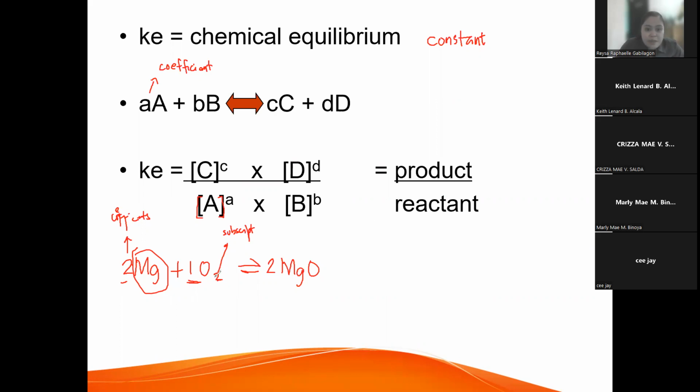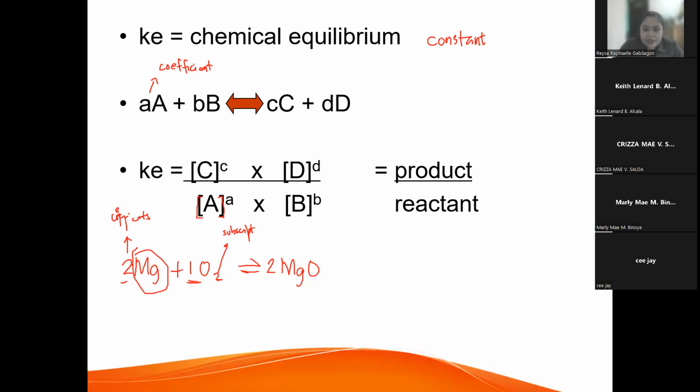Yung subscript naman refers to the number of atoms of that certain element present in the equation. So for this, in this case, we have 2 atoms of oxygen. Okay? Present in the reaction.